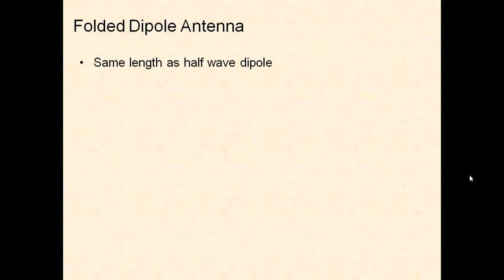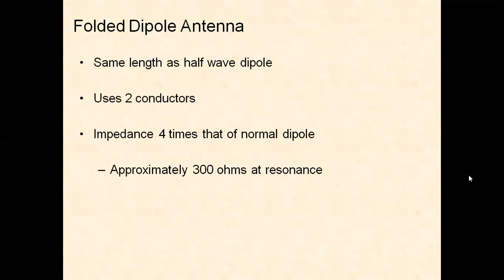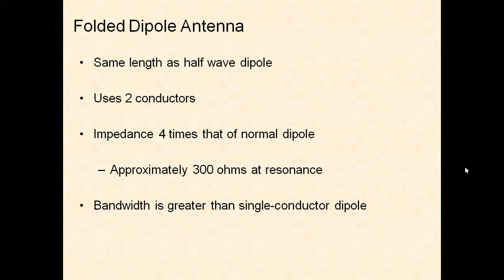So the folded dipole antenna is the main antenna. It is the driven element, the same length as a half-wave dipole. It uses two conductors. Impedance becomes 4 times that of a normal dipole. The approximate impedance is 300 ohms at resonance.